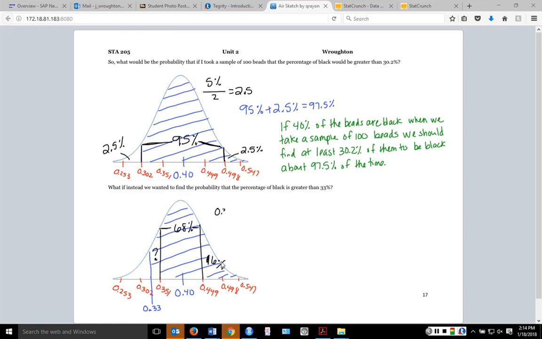Because this 0.33 is not one of our numbers along the bottom, or not one of the marks. So that's making it harder. But what I do know is I have had something like this happen to me before, back in Unit 1. And so I know I can actually find this probability. We're just going to have to think through how I can do it. And that's what we'll pick up in the next video.